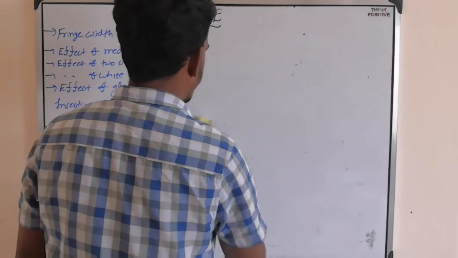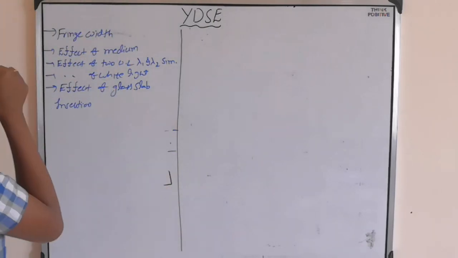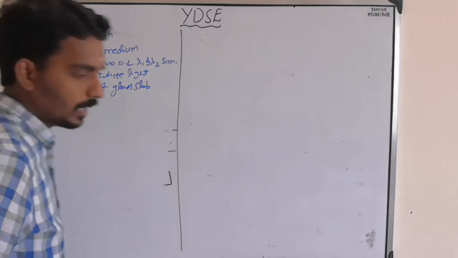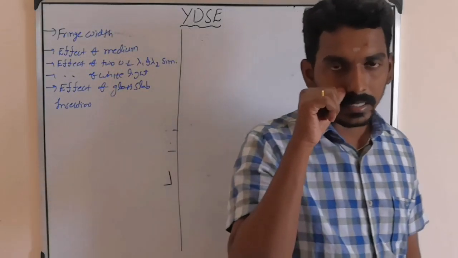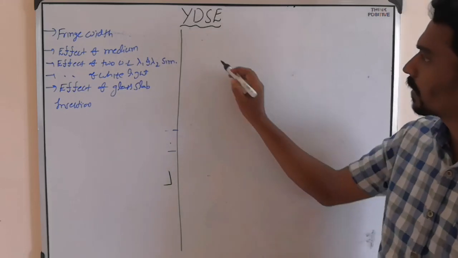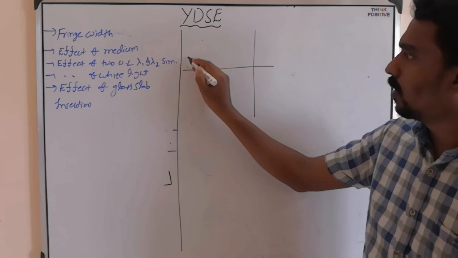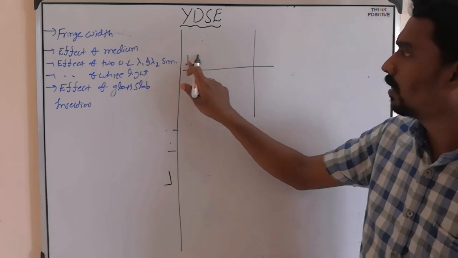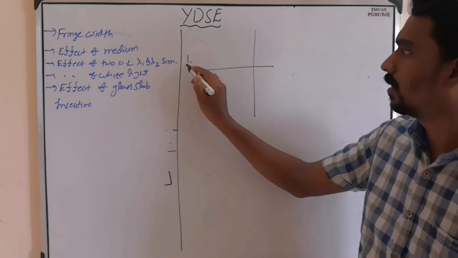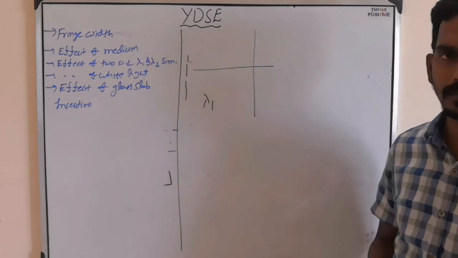Third type of question: the effect of two wavelengths, either simultaneously or one after the other, they can give. See here. Now, first you have used one wavelength, let's take lambda 1.